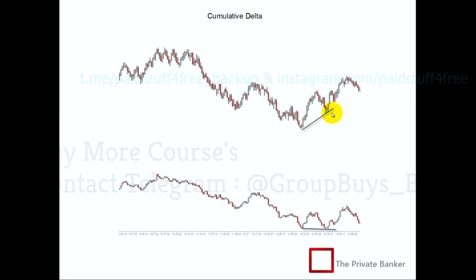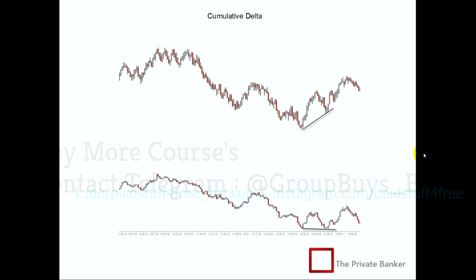He absorbed all the sellers, and the sellers basically were cut off, and buyers recognized this divergence, and more buyers felt comfortable stepping back into the market, and we traded higher. So that's what we're trying to see as a general concept with cumulative delta. And again, what that would be is aggressive behavior as well as passive behavior, and we can see that through divergences.